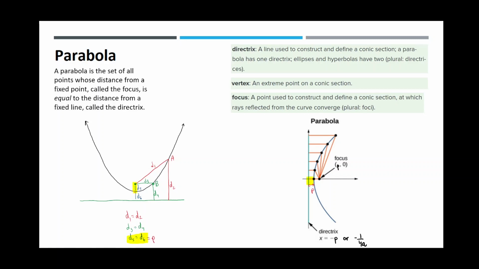Now, what we want to talk about is what this specific distance in blue is actually equal to. I said it's equal to P because if the vertex is at the origin, (0, 0), then the focal point will be defined P distance away from the center.